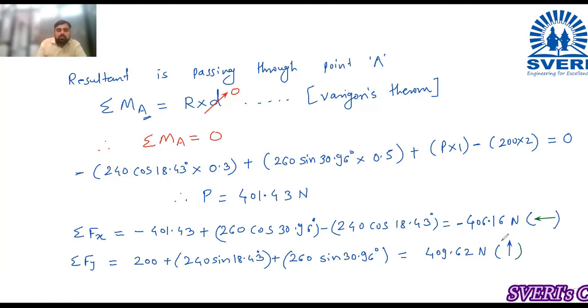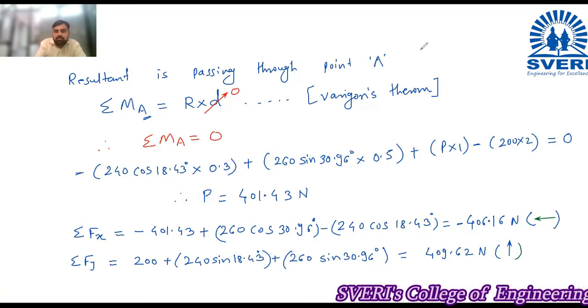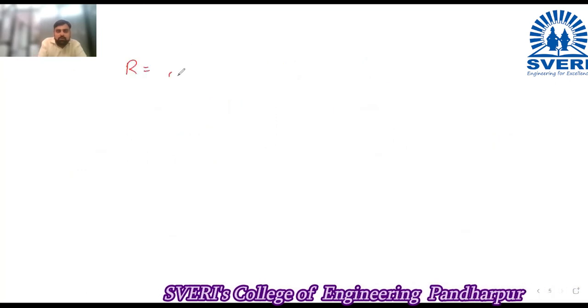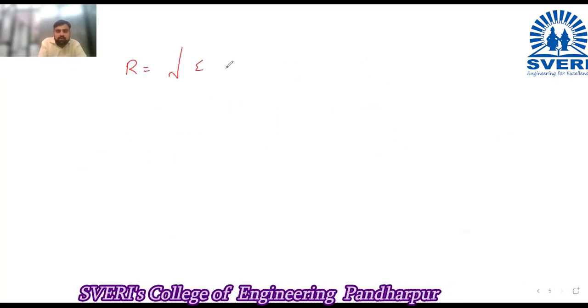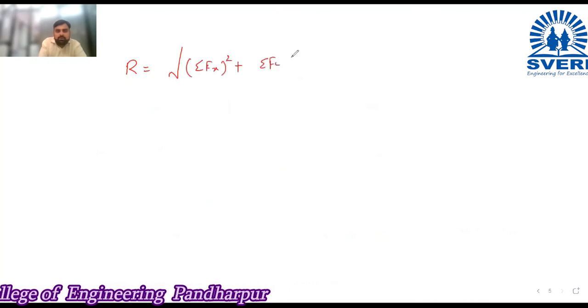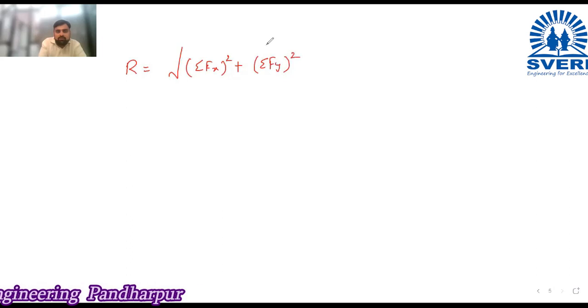Okay. So now we will calculate resultant R. Use the formula for the resultant. R is equal to under root summation Fx square plus summation Fy square. Just put the values.